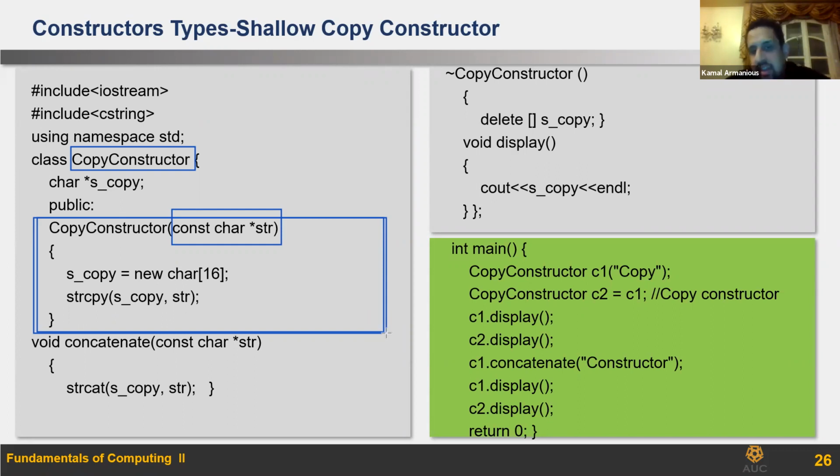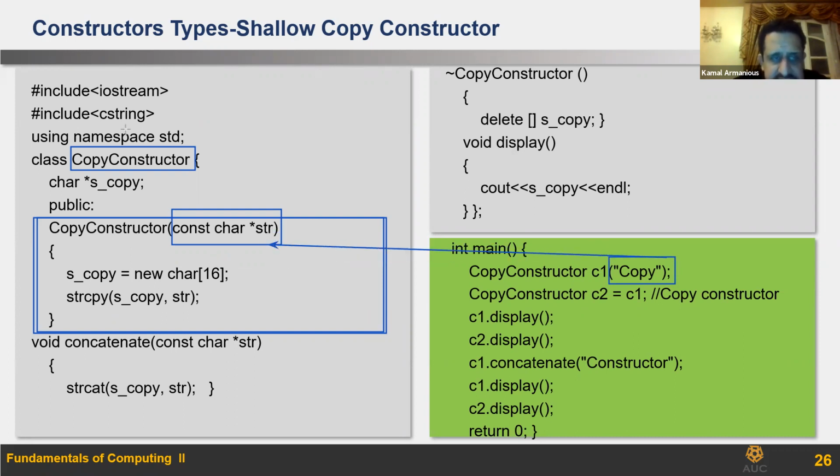Right. Let's take it step by step. Copy constructor, this is a class. C1, this is an object. And the input is a string or a character array, which is copy. It will call this constructor. هو ما فيش غيره أساسا, it will call it.